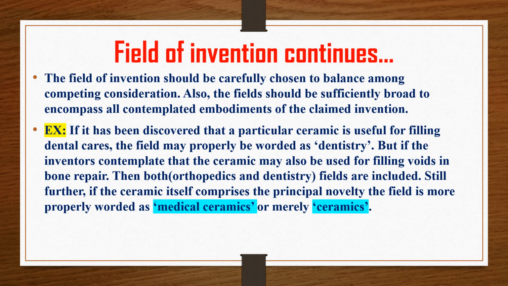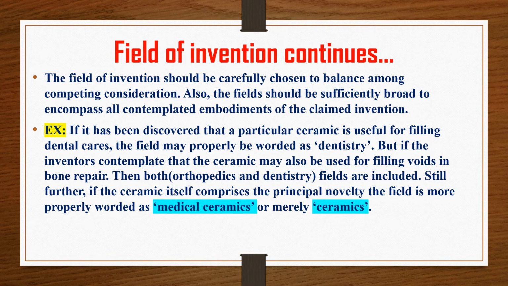For example, if it has been discovered that a particular ceramic is useful for filling dental caries, the field may properly be worded as dentistry. But if the inventors contemplate that the ceramic may also be used for filling voids in bone repair, then we can say that this includes both orthopedics and dentistry.